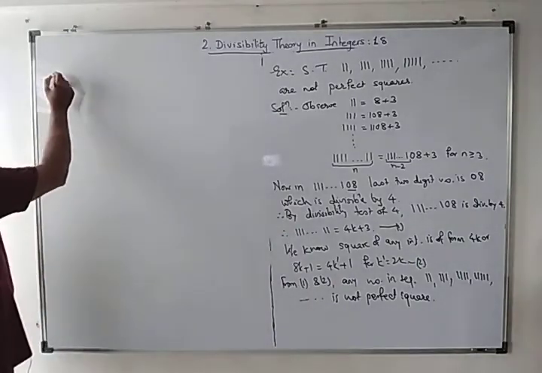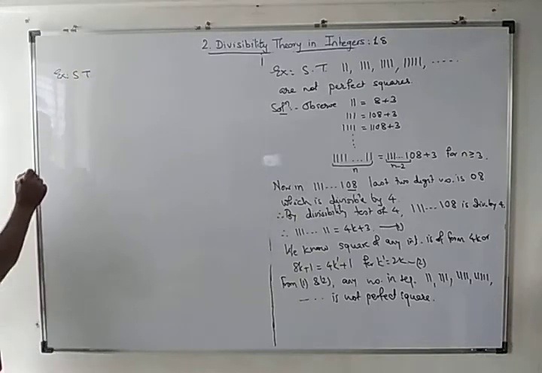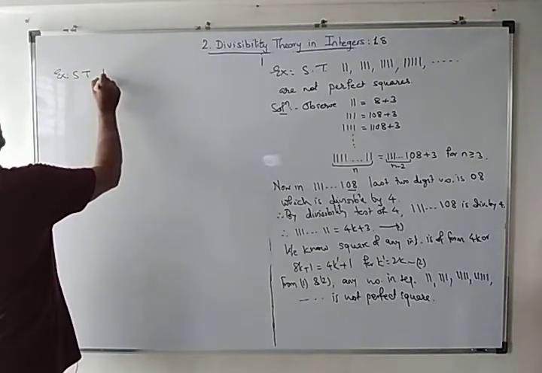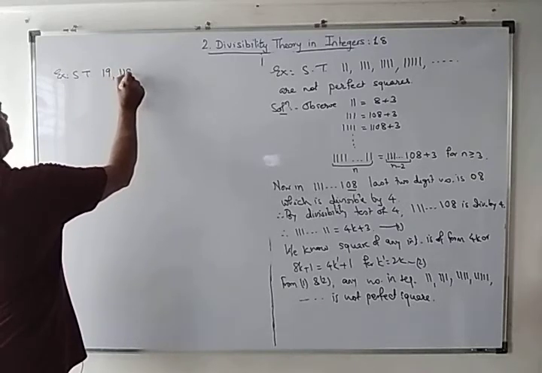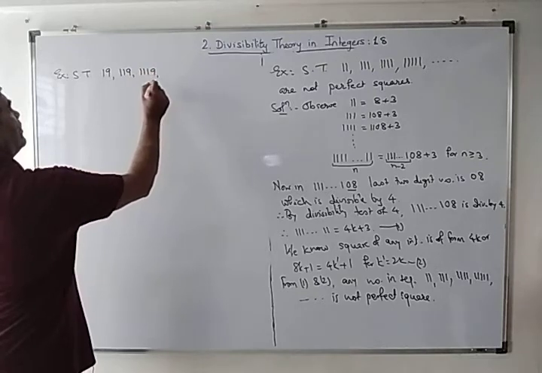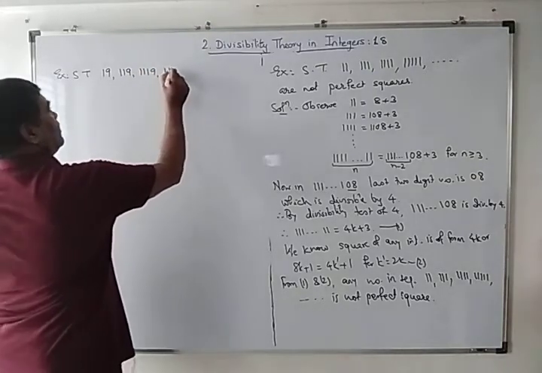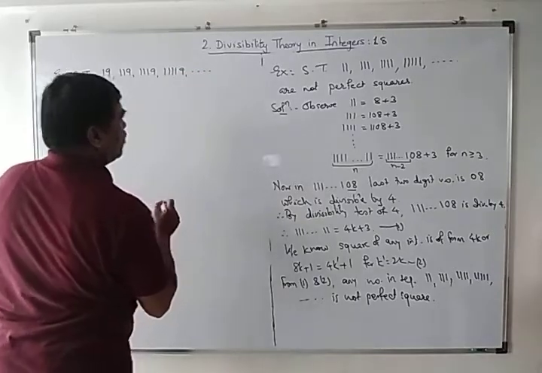Next example, show that 19, 119, 1119, and so on are not perfect squares.